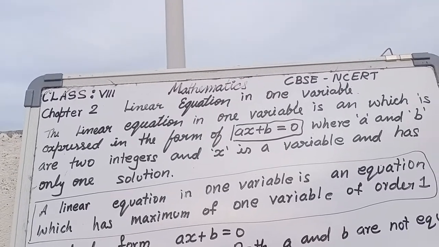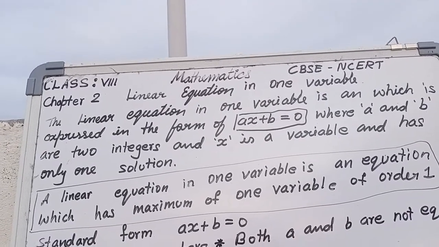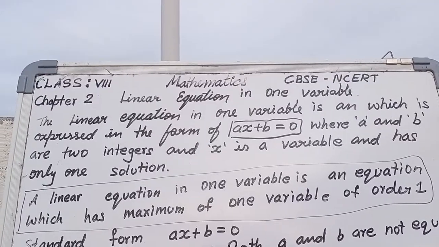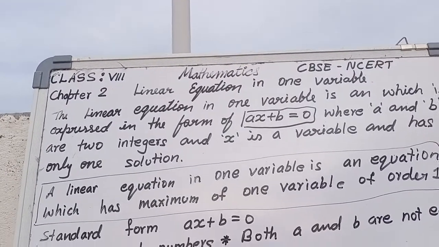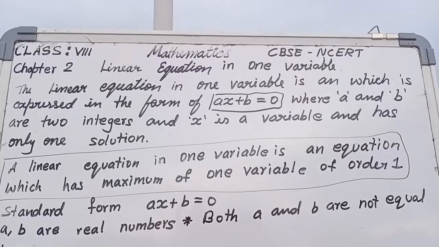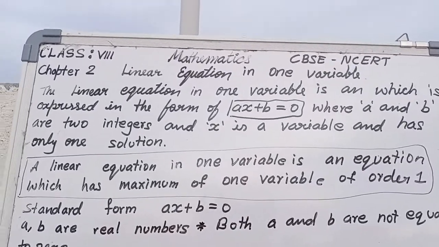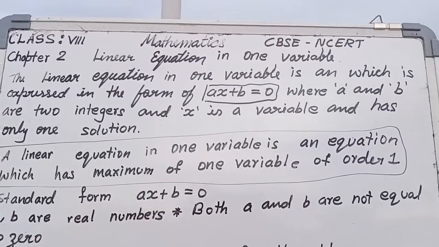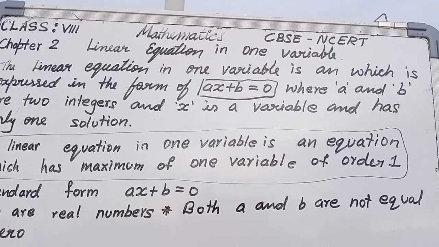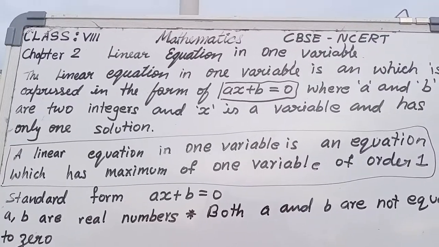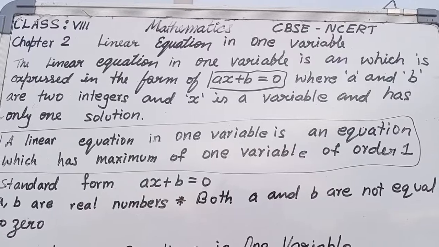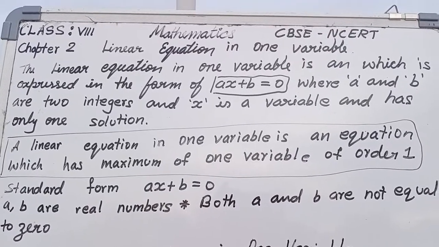They say very clearly that a is not equal to 0. This is all about the linear equation. Hope you got that. What is order? Order means power, indices, exponents. Here x is not having any power, so it is indicating 1.